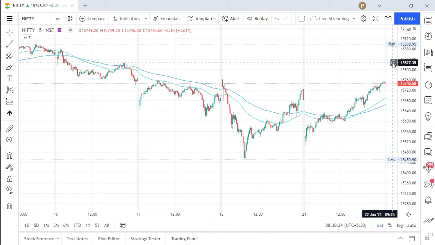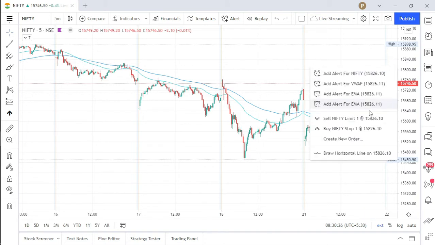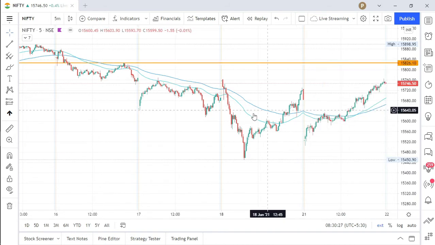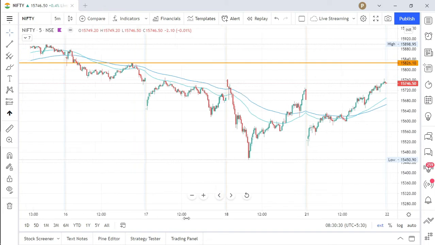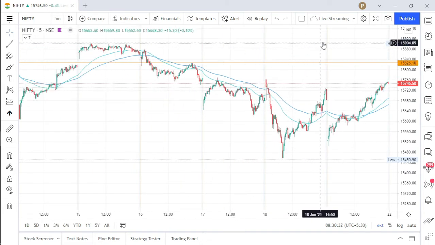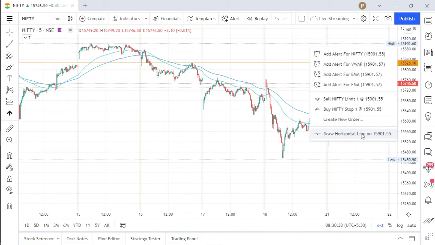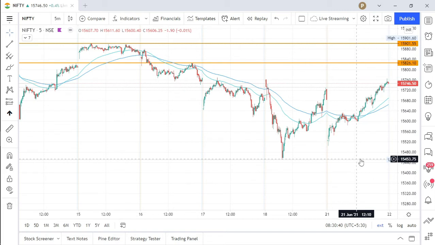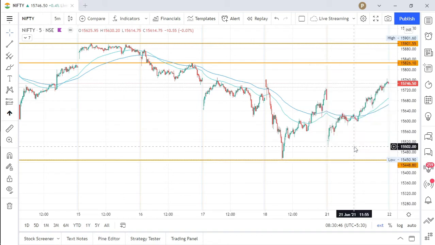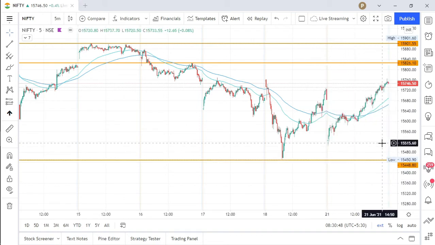Let's just bring that up: 15,828 is the first resistance on intraday levels, followed by 15,900 levels, that's the all time high, 15,901 odd. On the downside, we have the primary support, at least on an intraday basis, around 15,448 levels, and yesterday's low made a good support.